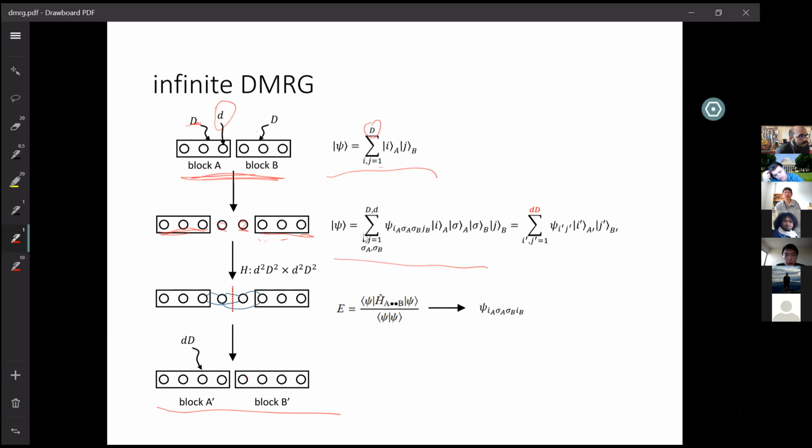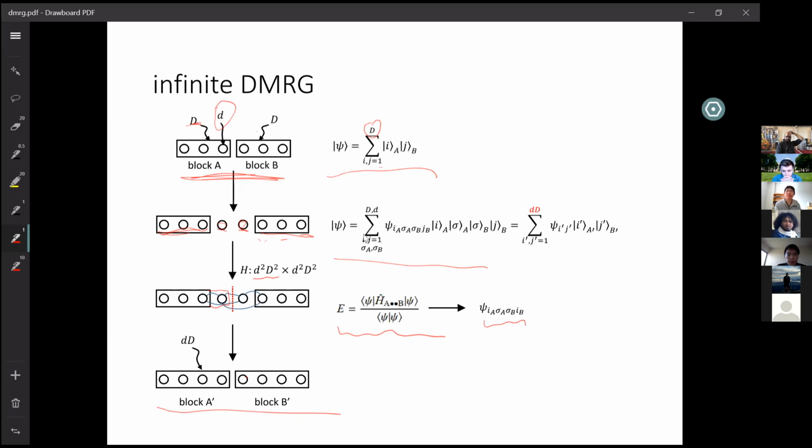Now we just do the exact diagonalization of this d squared times capital D squared dimensional Hilbert space, right? And we find the wave function. So we basically minimize this object and we find the wave function. Now we want to close the loop by growing the block by 1 site. That means we absorb this site into the block, right?